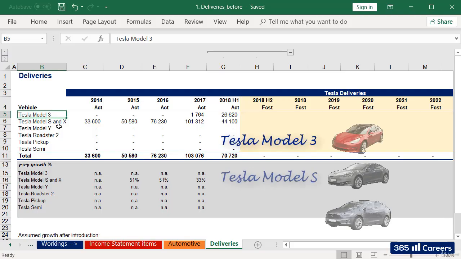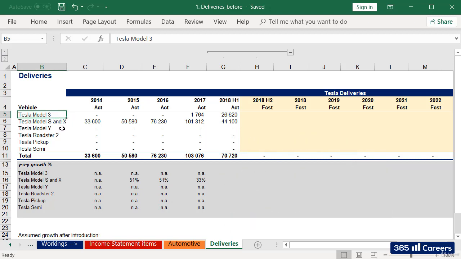The company currently offers Model S, Model X, and Model 3, but has announced a few other vehicles as well. Model Y is Tesla's small crossover vehicle, which is expected to be delivered by the end of 2019. But more likely, serious production will not start before 2020.